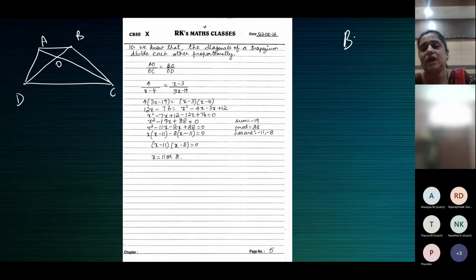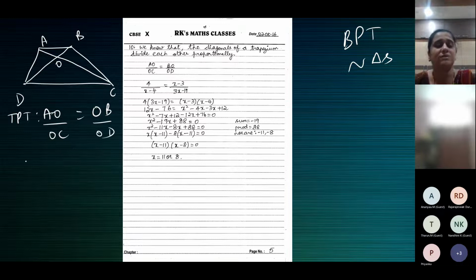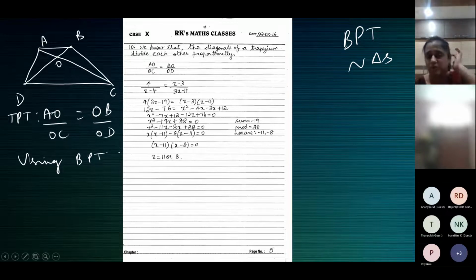You can prove that using BPT and the concept of similar triangles. Now tell me, using BPT, show that AO by OC is equal to OB by OD. Prove this result using BPT, or if you want, converse of BPT, whatever you want. Not similar triangles. How will you do it?